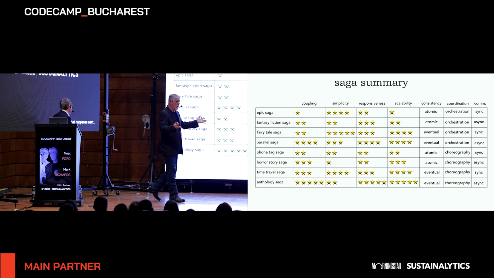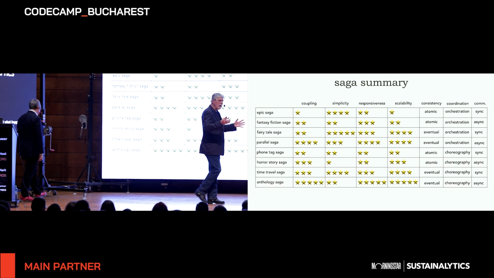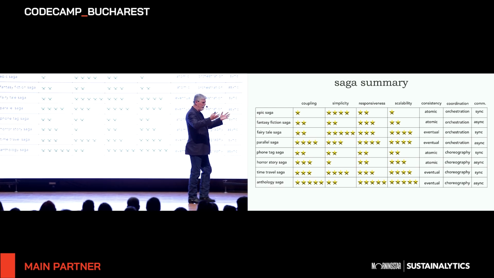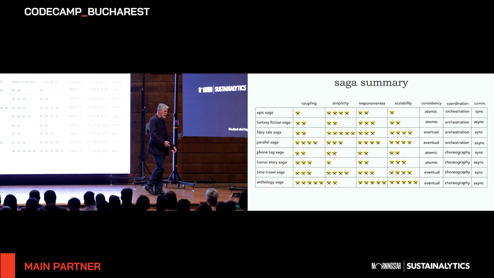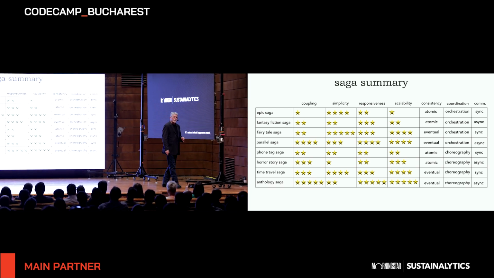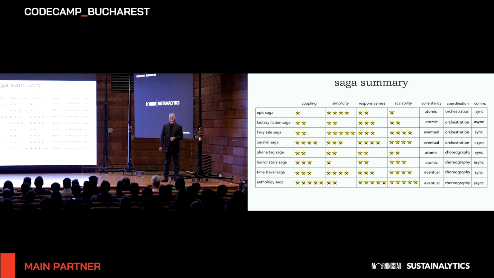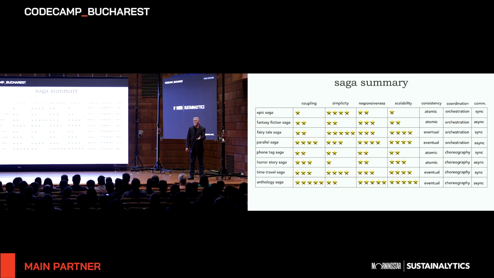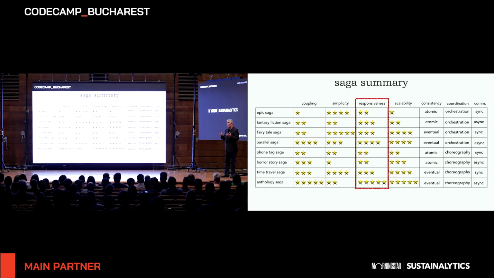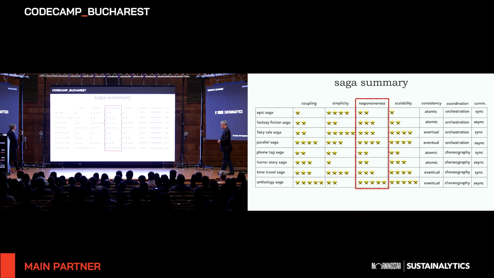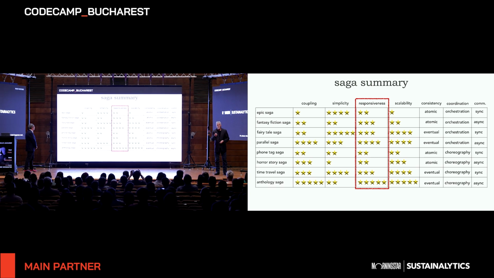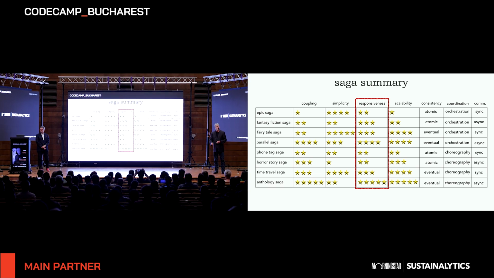Well, let's close by actually showing you what is the purpose of all those 8 sagas you showed me. What's our most important characteristic? What's our most important thing we have to do? Responsive systems. We have to create the most responsive system possible.